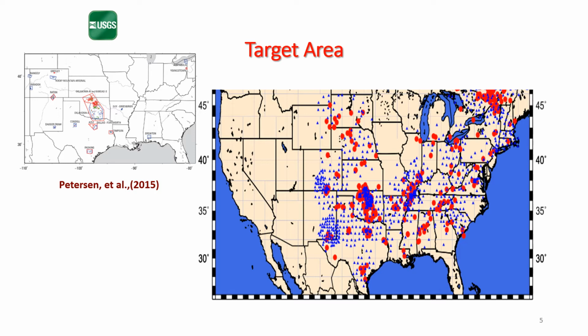On the right side map, you are seeing the location of earthquake events and stations which are available for this study in the target area, and on the left side map, which is from Peterson et al. 2015, the colored polygons show where the potential induced earthquake locations are.